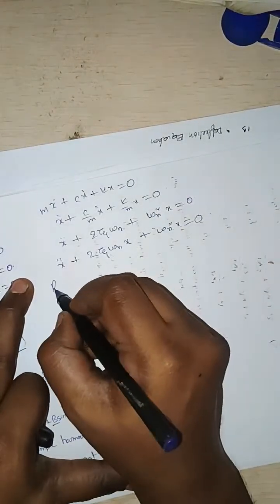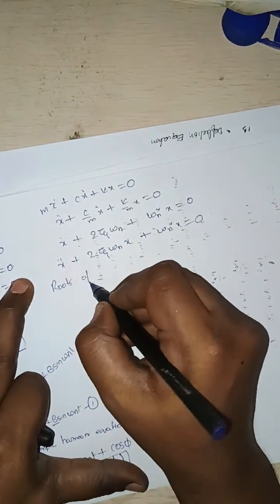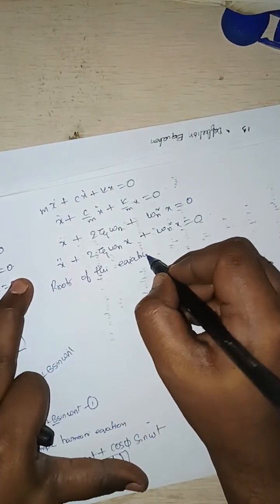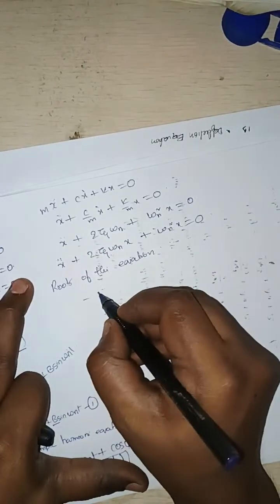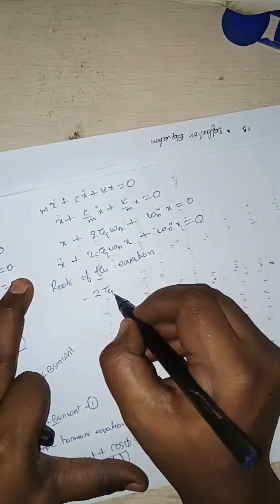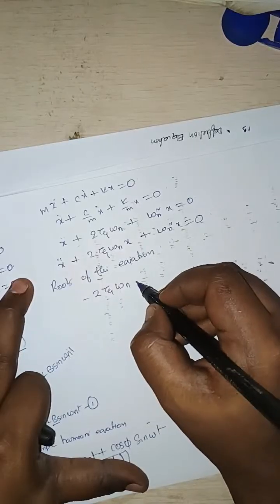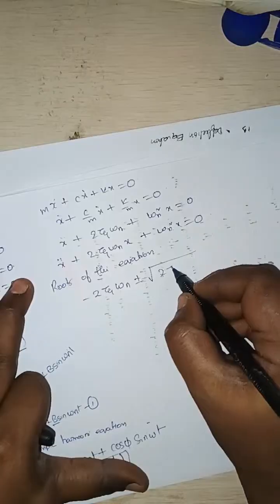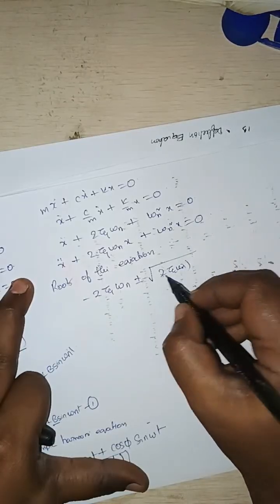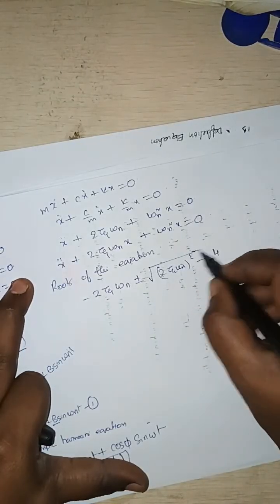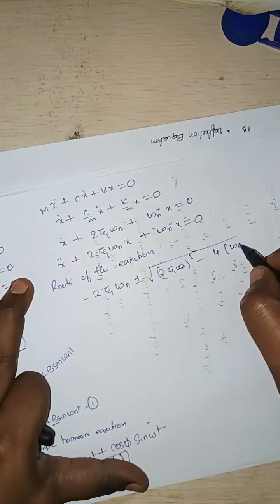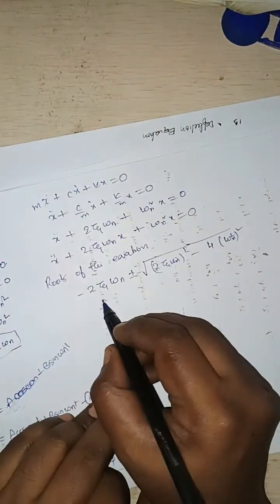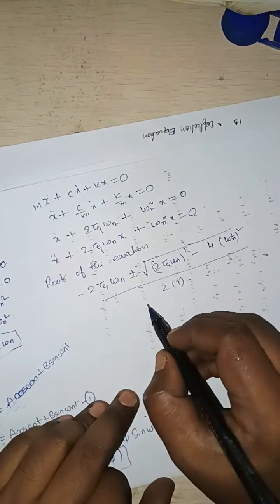Now the roots of this equation are minus 2 zeta omega n plus or minus square root of (2 zeta omega n) whole square minus 4 omega n square, divided by 2 into 1.